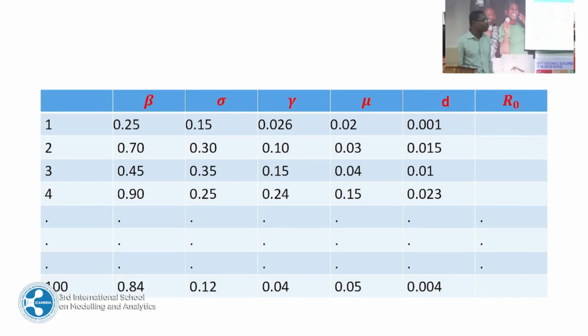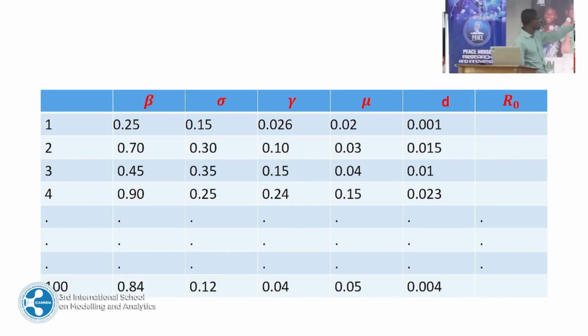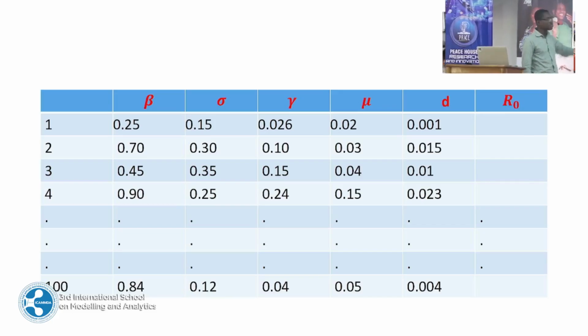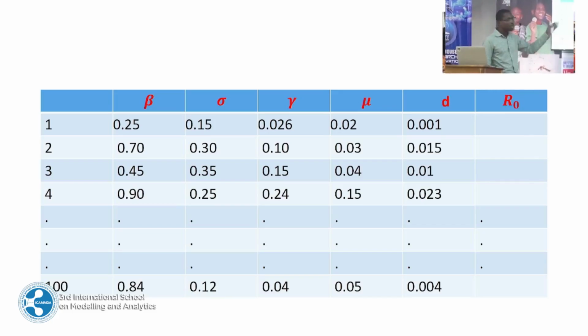We have 5 input parameters: beta, sigma, lambda, mu, t, and then R naught, which is the model output. So XJ, I can have X1. X1 is what? Beta. X2 is what? Sigma. I can call X3 gamma, like that.